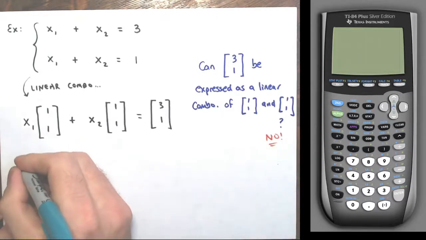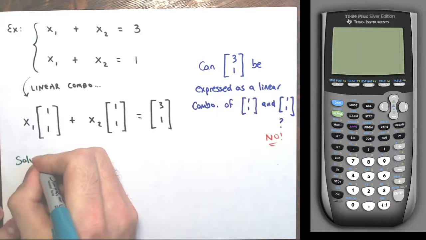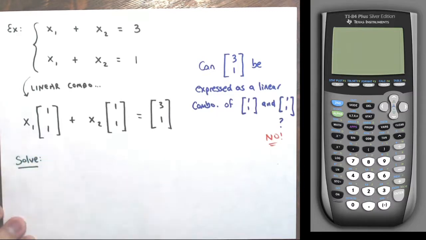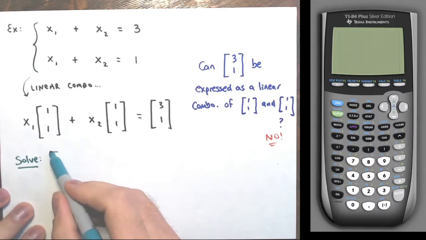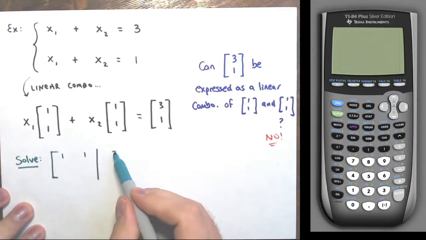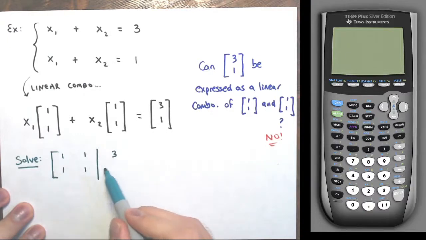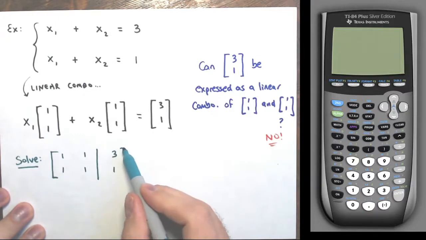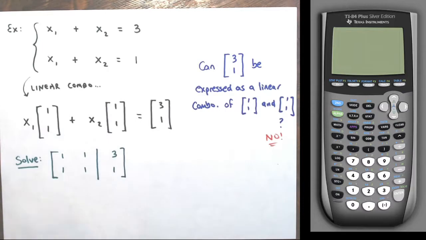All right, and we'll do that now. Let's try solving it. Again, this is one where I don't really need the calculator because it's very simple to put in reduced echelon form. Got 1, 1, bar 3, 1, 1, bar 1. And again, very easy, basically the same operation as the last example.